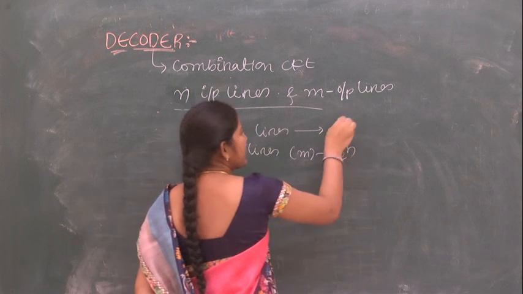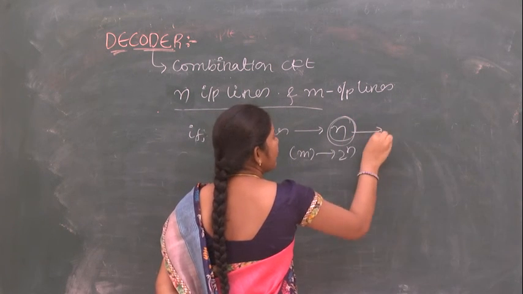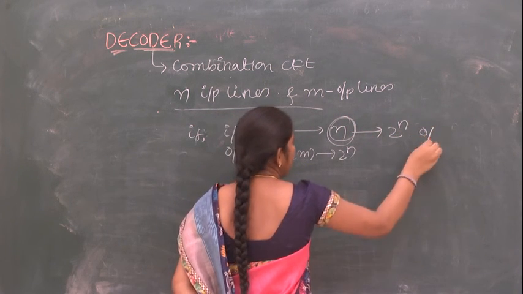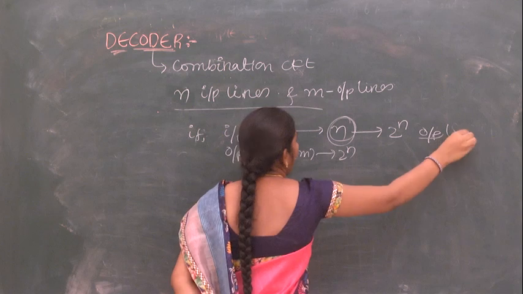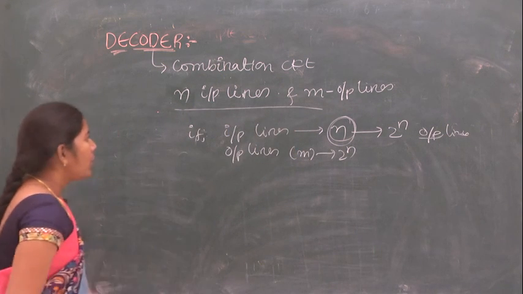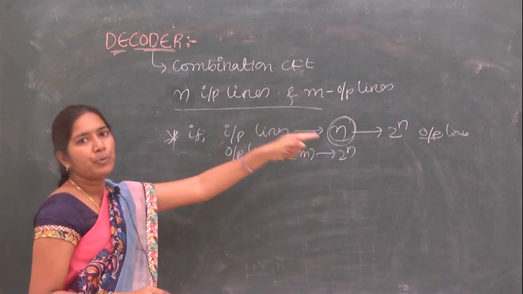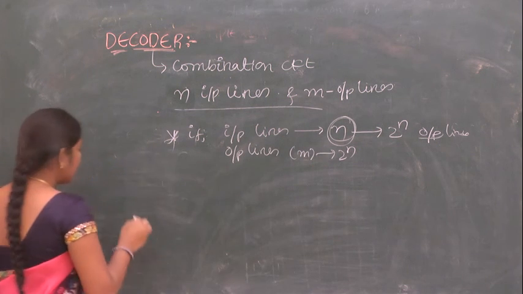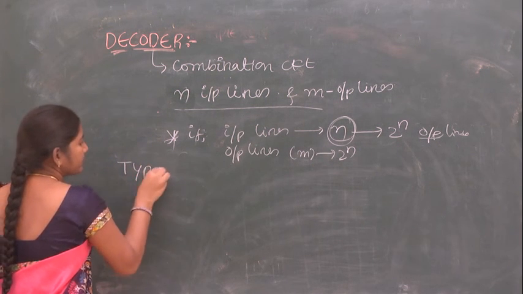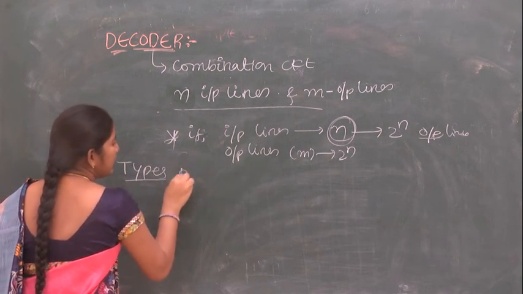Which means for each n inputs we will have 2 power n output lines. So based on this n to 2 power n relation, we have different types of decoders.